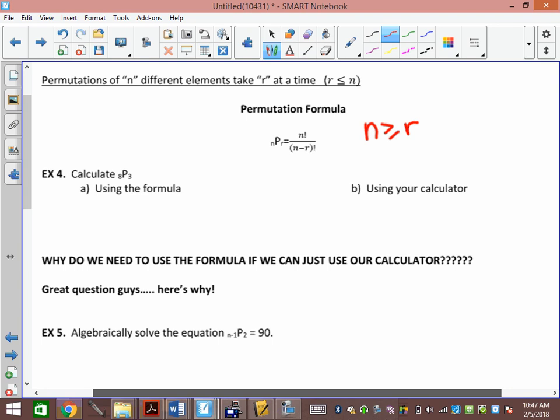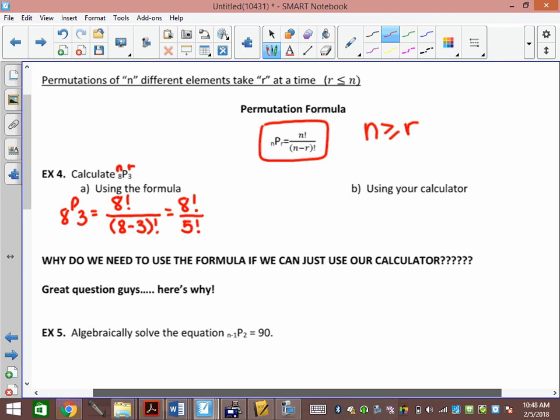So calculate 8P3. We're going to use the formula first. So the formula is this. Wherever there's an n, I'm going to put an 8. Wherever there's an r, I'm going to put a 3. Is it equal to anything right now? No, it will be. That's what we're trying to figure out. So 8P3 equals 8 factorial over 8 minus 3 factorial, which is 8 factorial over 5 factorial.